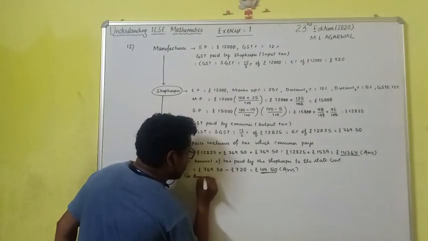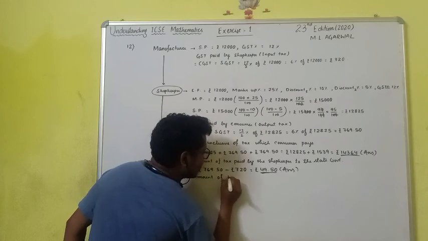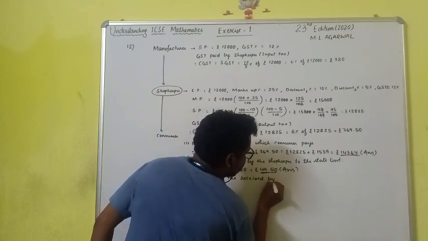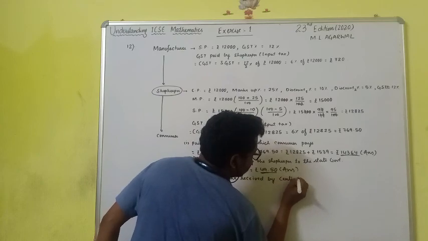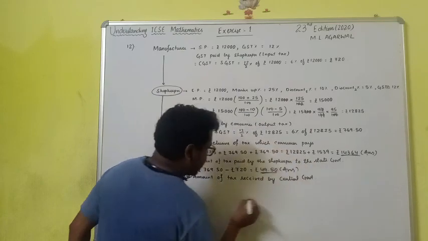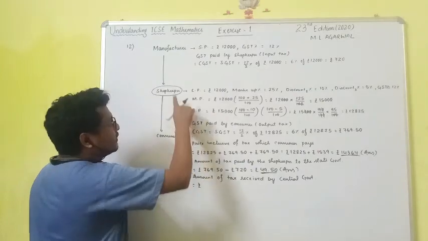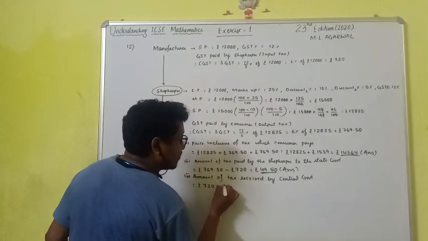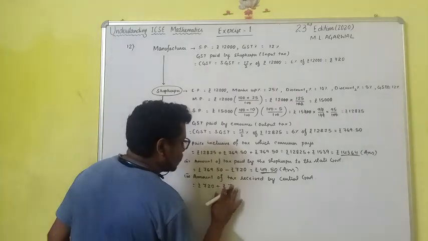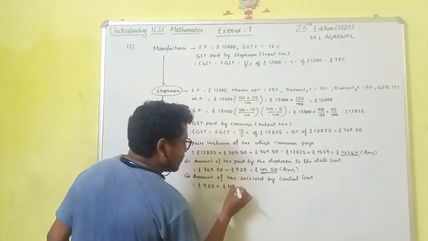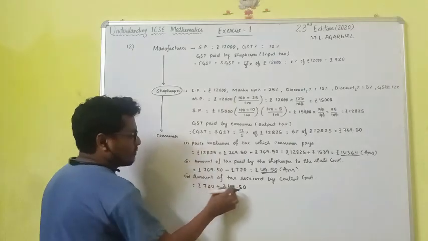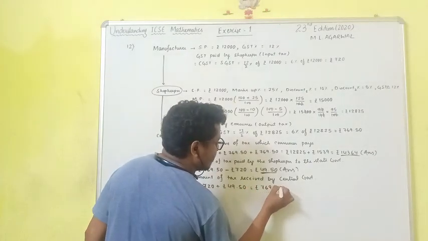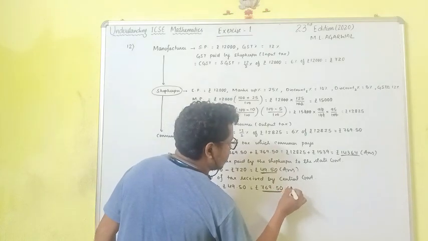The amount of tax received by the central government is equal to tax paid by the manufacturer, that is 720, plus tax paid by the shopkeeper, which is 49.50. 720 plus 49.50 is equal to 769.50. This is all about question number 12.